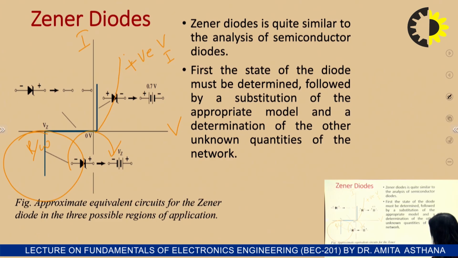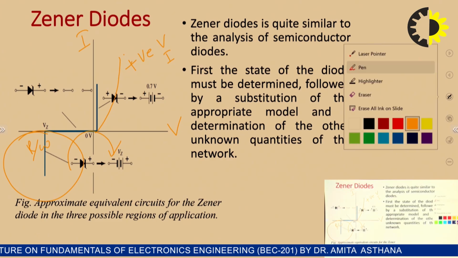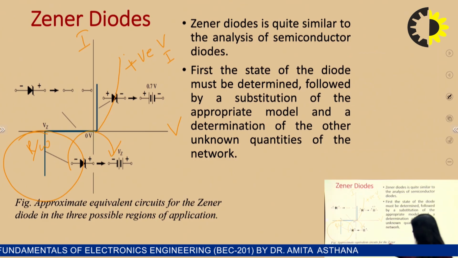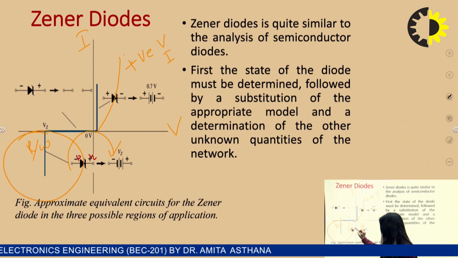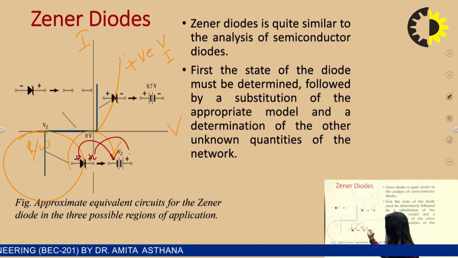So reverse polarity means, as you can see here, this is the P side and this is the N side. So this P will be negative and this N will be positive.